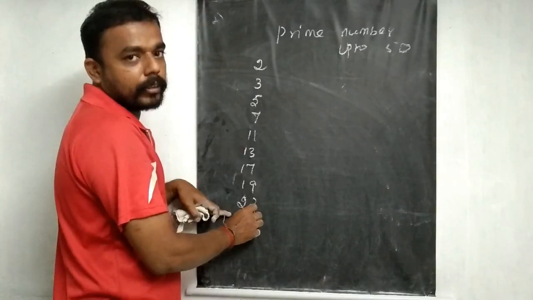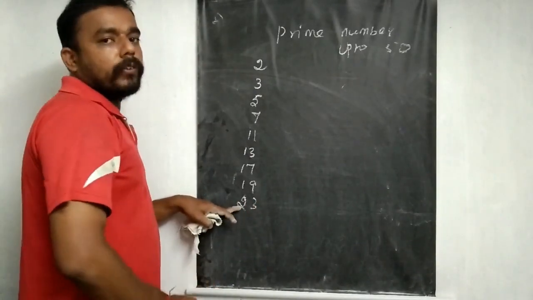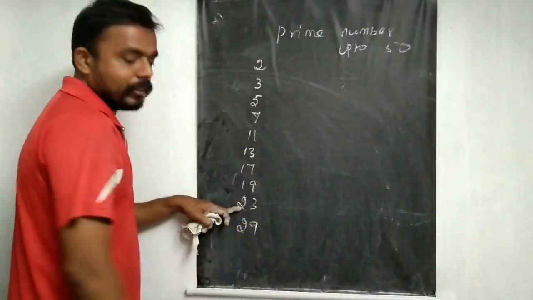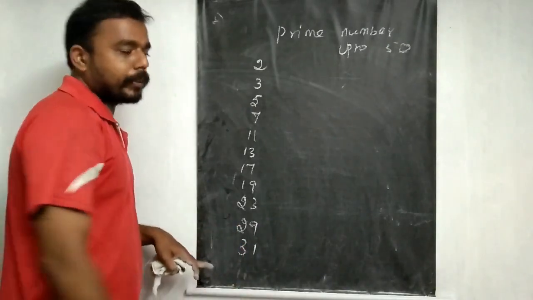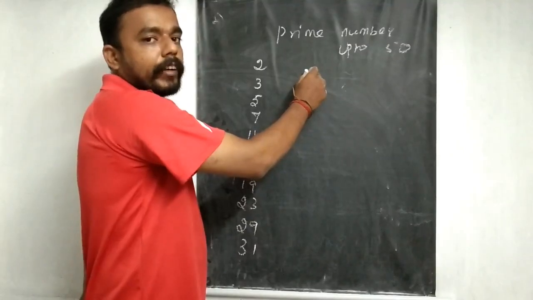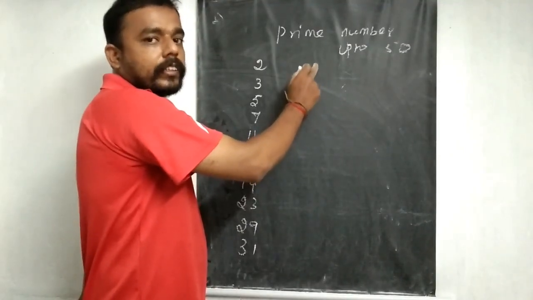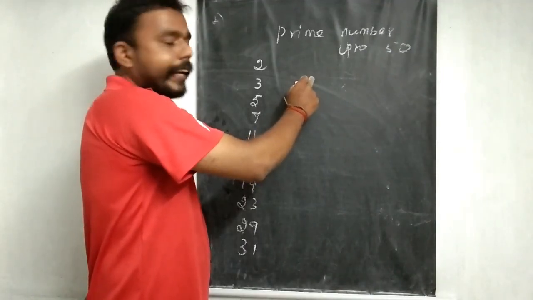This is the next number, not possible to divide by any number previously. 24, 25, 26, 27, 28. Next 29, not possible to divide. 30. Next 31, not possible to divide. 32, we can divide by 2. 33, we can divide. 34, 35, 36, 37. 37 is not possible to divide by any number.